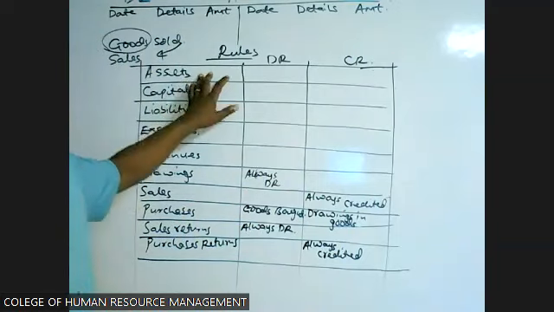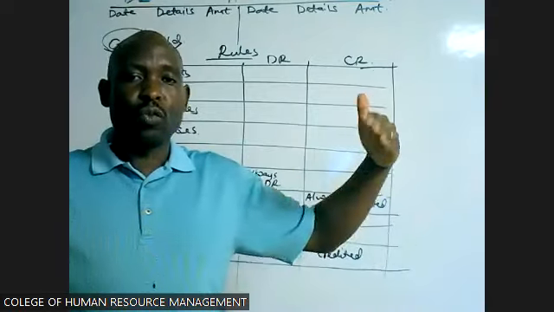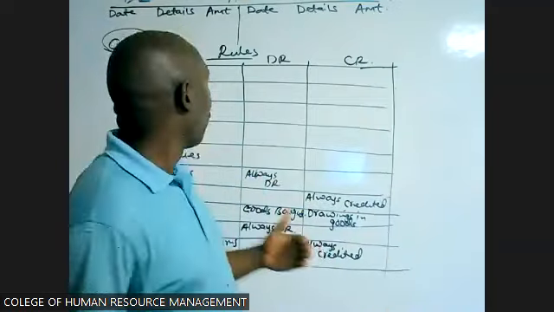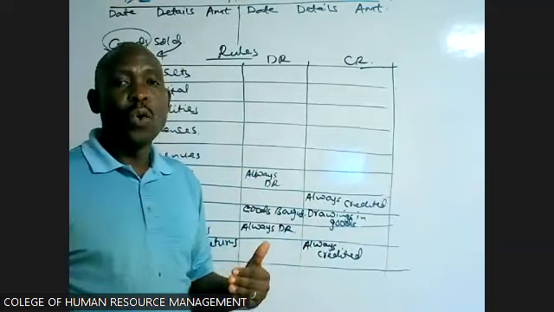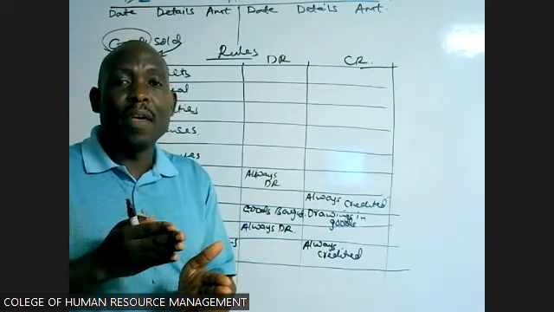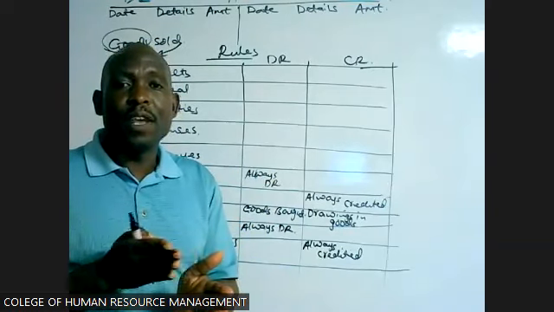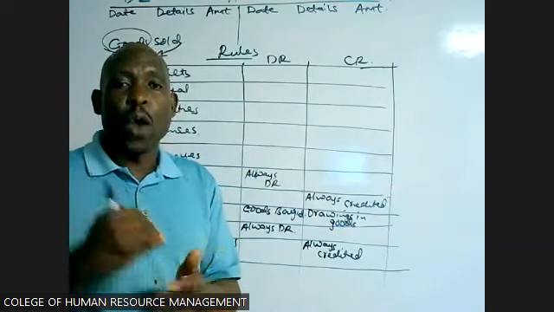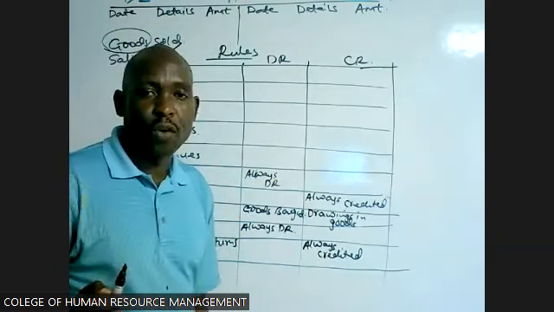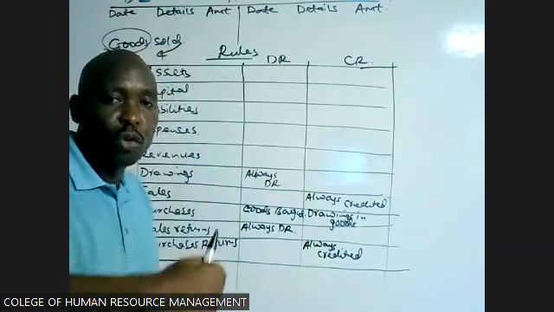Then let me now go to assets. Assets, we say they are the resources the business owns. What is ours? What we have acquired and we know it is ours. So for assets, we normally debit them anytime they are increasing in the business. And they will be increasing when they are being received or being acquired. For example, if you bought a motor vehicle, obviously the business is going to experience additional motor vehicles.